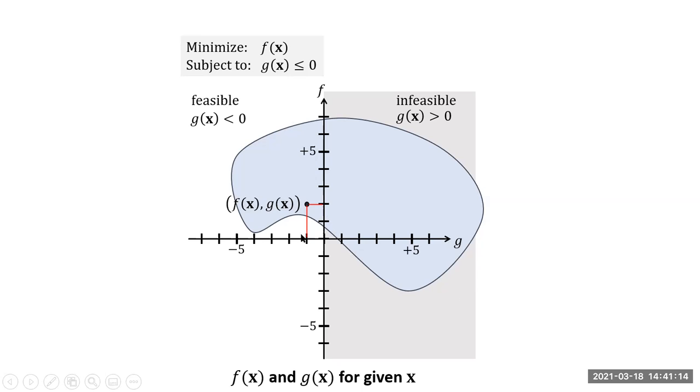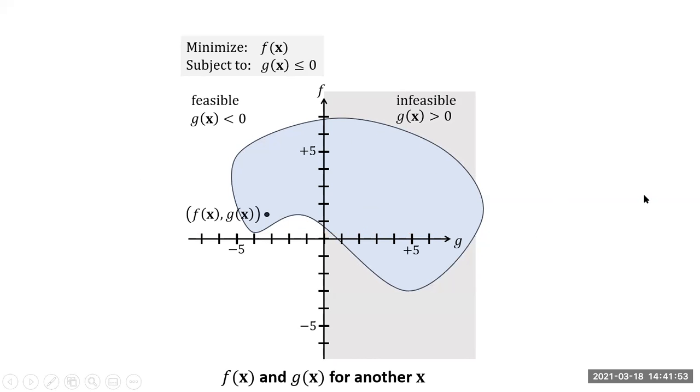This x is feasible because g of x is negative, it's -1. This is f of x, and this is g of x. This is, for some other value of x, the corresponding values of f of x and g of x. So this is another point in this FG plane. Will we get a point somewhere here or somewhere here? No. All the points will lie in this blue region.